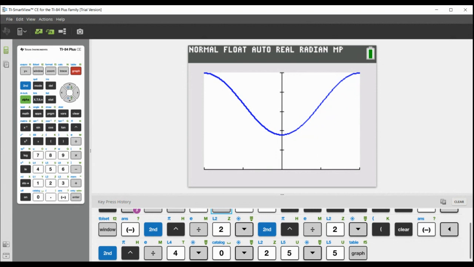Maybe give me a thumbs up if you're comfortable so far. Is everybody okay on the graph?